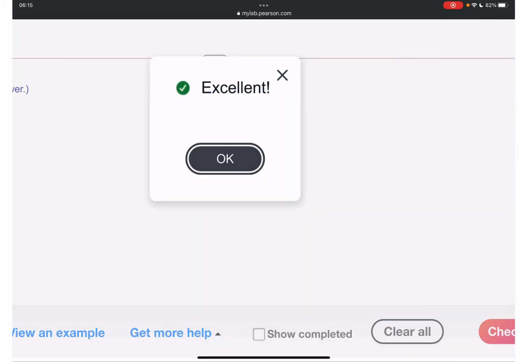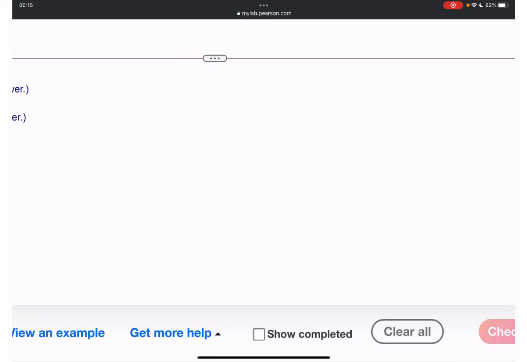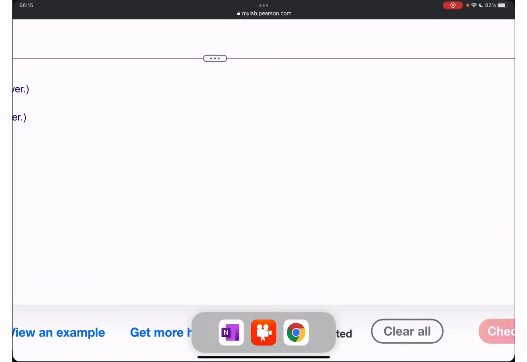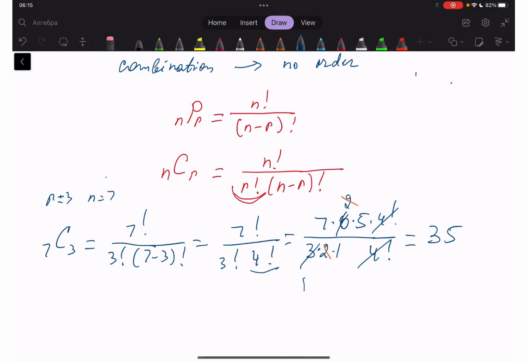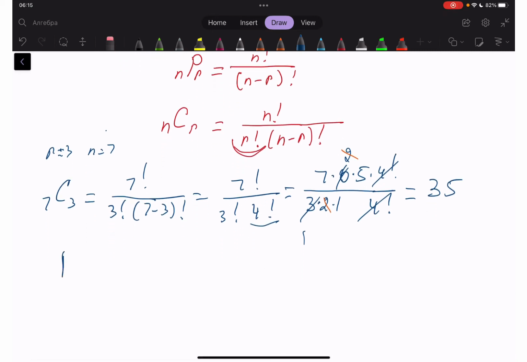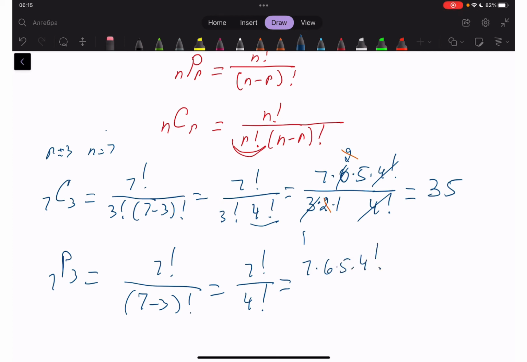Bingo. Next, we are going to do same thing for permutation. So permutation, 3 out of 7. It's going to be the same thing, 7 factorial. We don't have 3 factorial, it's going to be only 7 minus 3 factorial, right? So it's going to be 7 factorial over 4 factorial. So it's going to be 7 times 6 times 5 times 4 factorial.